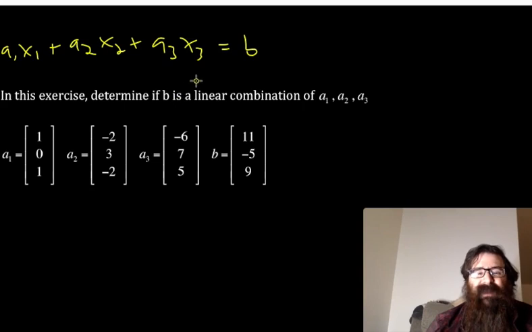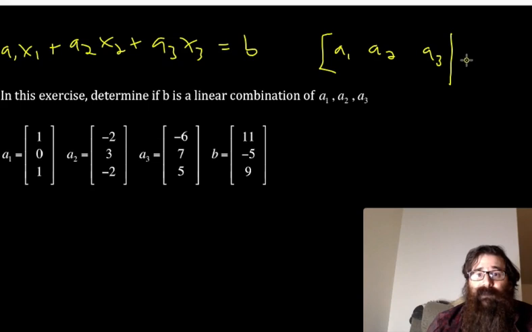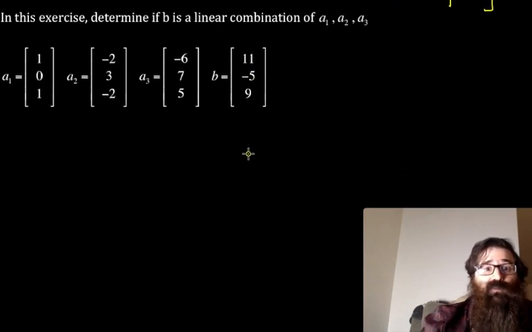Essentially I can think of this as an augmented matrix system. I can take a sub 1, a sub 2, and a sub 3 all as columns to build a matrix, and then augment this with vector b. And then I want to know, is there a solution? That's really what we want to be doing.